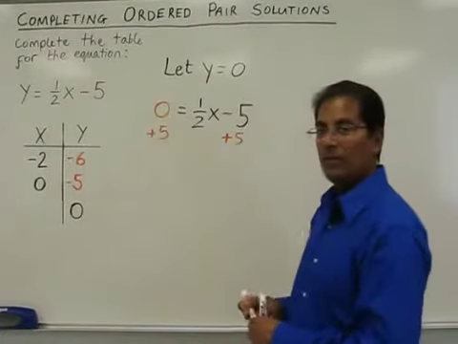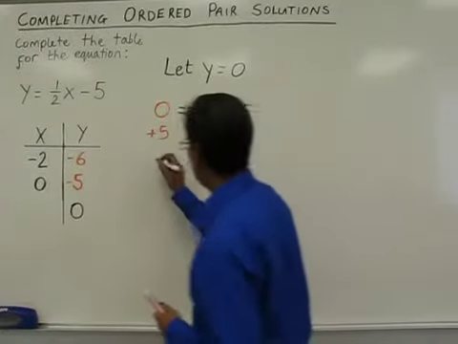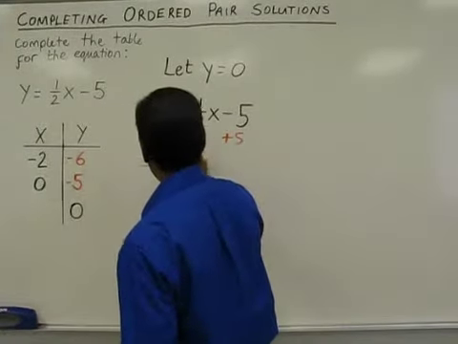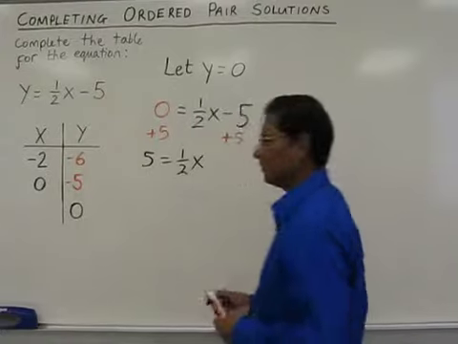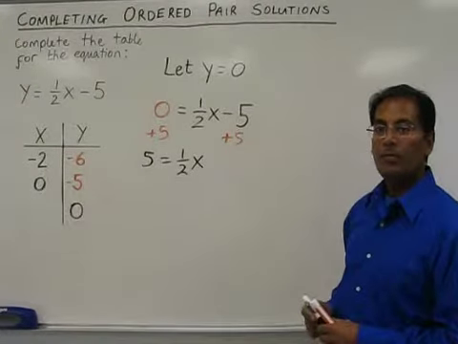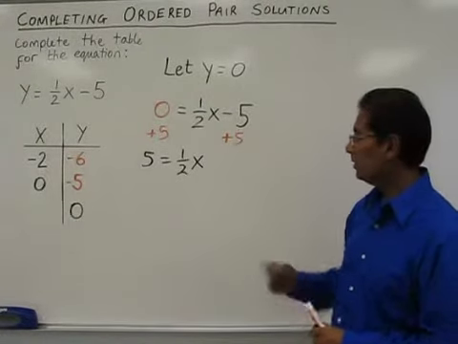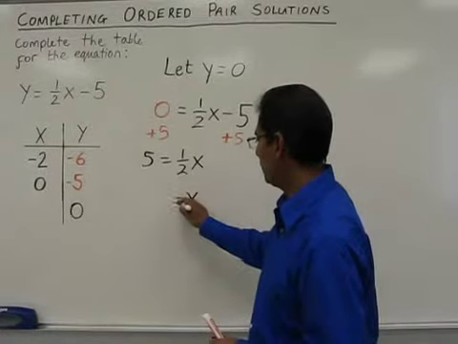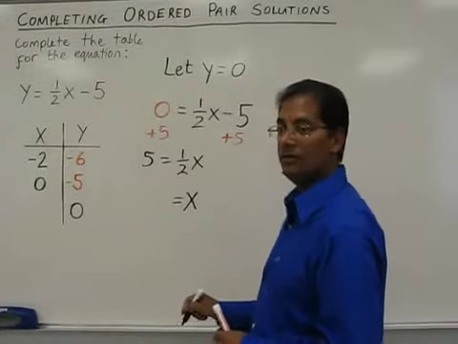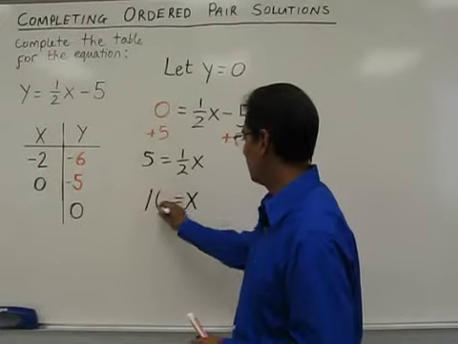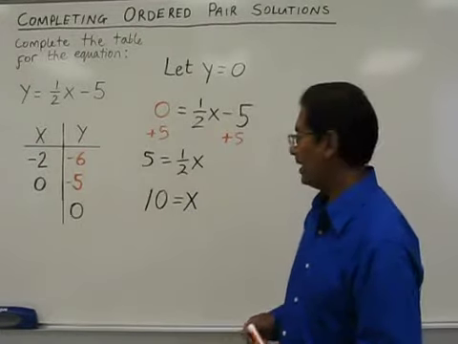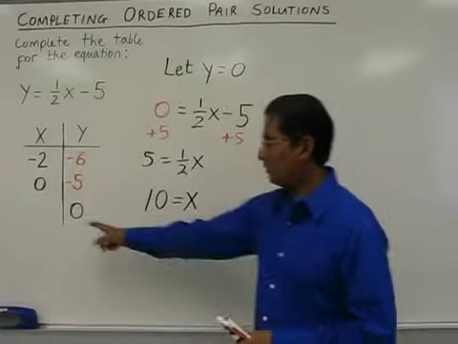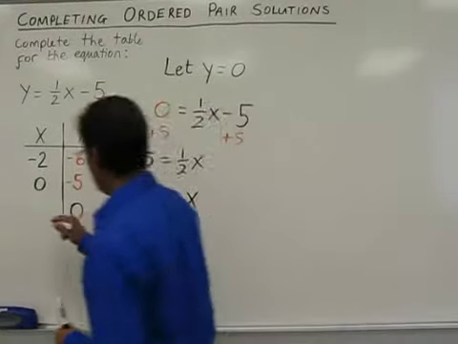So we get 5 equals 1/2 x. And then we multiply both sides by 2 to get rid of the half. So x will equal 5 times 2, which gives you 10. So x is equal to 10. So if y is 0, x is 10.